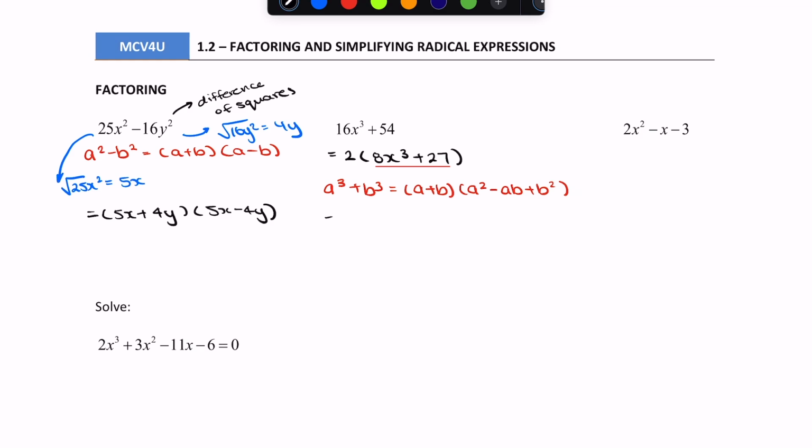Okay, so let's cube root these two terms. If we cube root 8x cubed, that will give us 2x. And if we cube root 27, that will give us a value of 3.